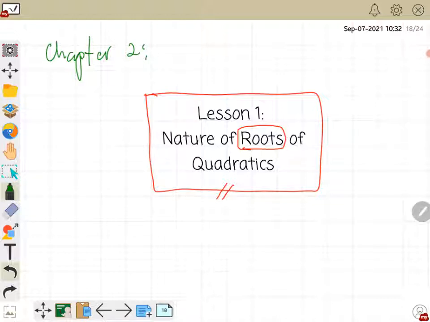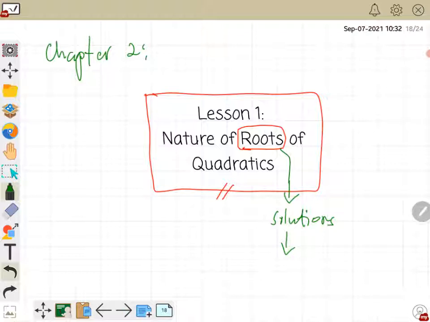When we say roots, we're talking simply about the solutions. As discussed before, solutions are just the real values of the unknown variable in the quadratic equation.